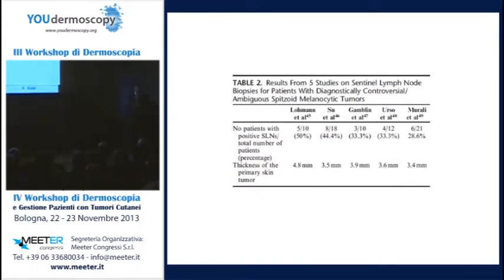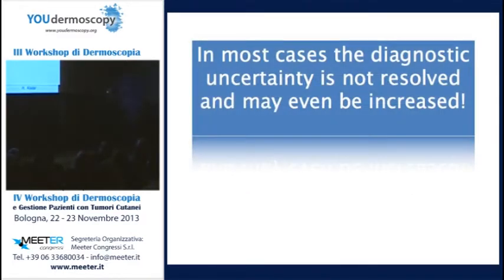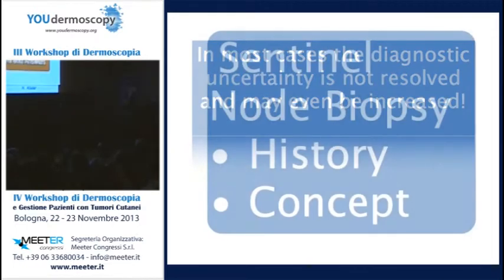This is unusual, maybe because some of them just have melanocytes from a nevus in their lymph nodes and not melanoma cells. What I want to say is, in most cases, the diagnostic uncertainty is not resolved. It is even increased if you do a sentinel node biopsy for diagnostic reasons.